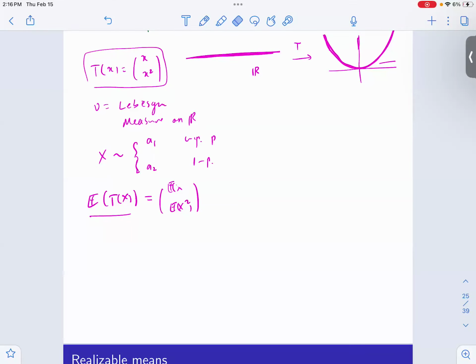X takes two values, so T of X takes two values. If X takes value A1, it's this. So it's like P times T of A1 plus 1 minus P times T of A2.